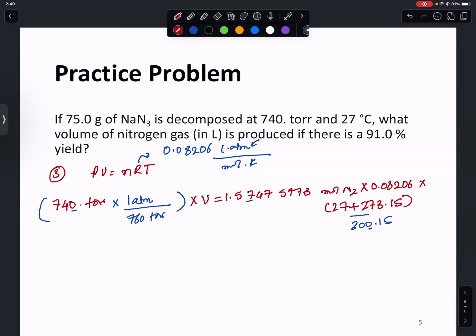So it will be 3 sig figs as well. Therefore, I can say that this is infinite. This is 3, 3, 4, and 3. So lowest amount of sig figs is 3.